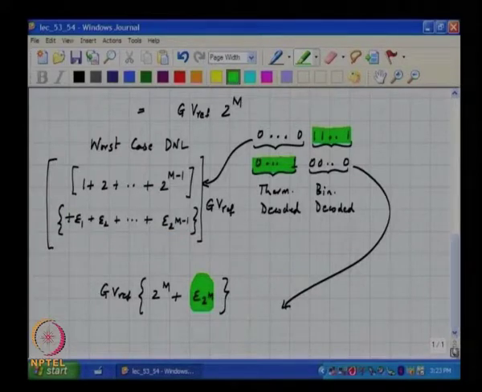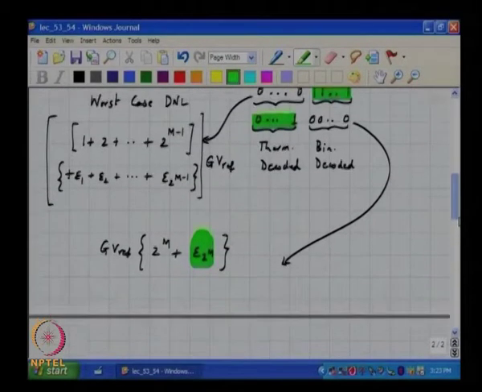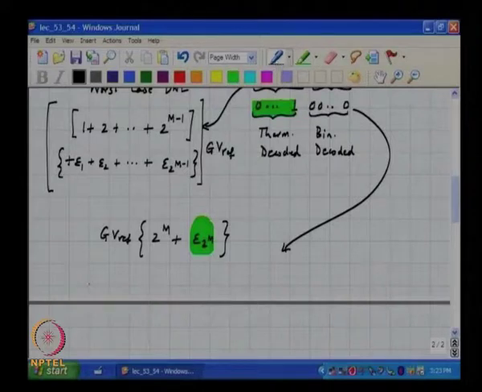So, the step size therefore will be the difference between the two analog outputs, which will be, what is this character?